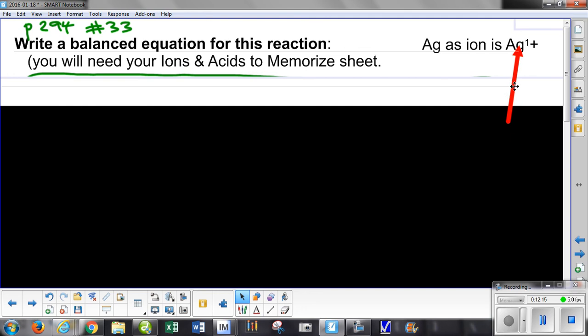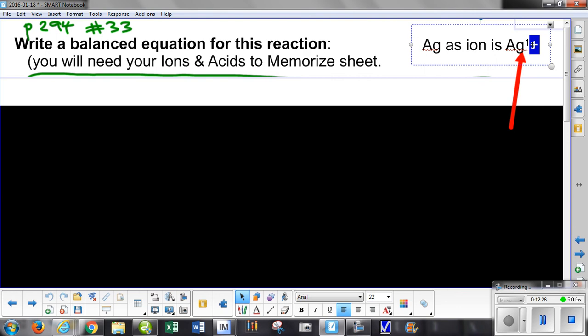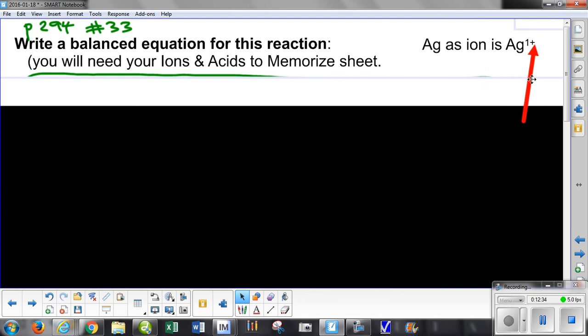And that silver is a transition element, so you can't really depend on what its charge is going to be. Let's see if I can make this look right. This goes superscript to be up there with it. Okay, so your silver has a 1+ charge. Transition elements are the bad boys.